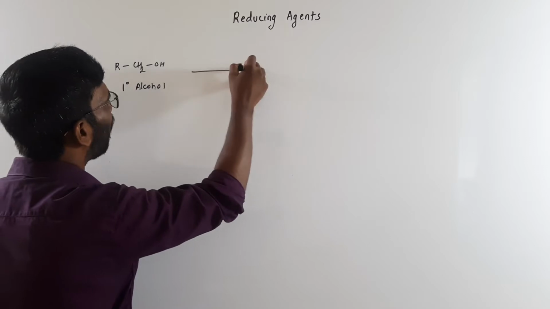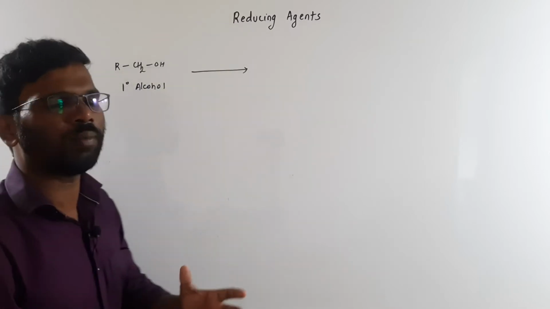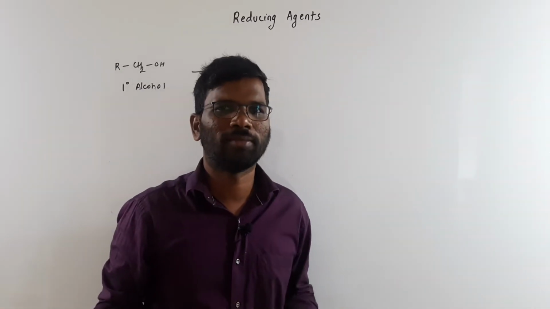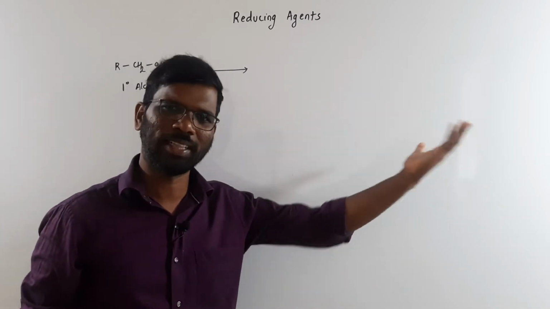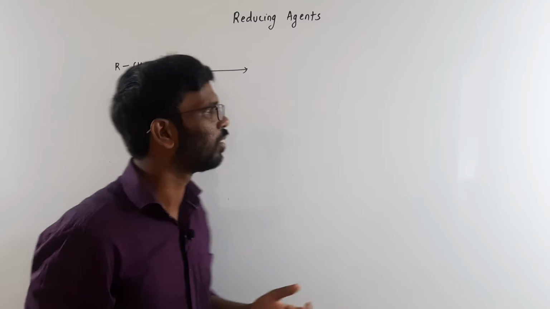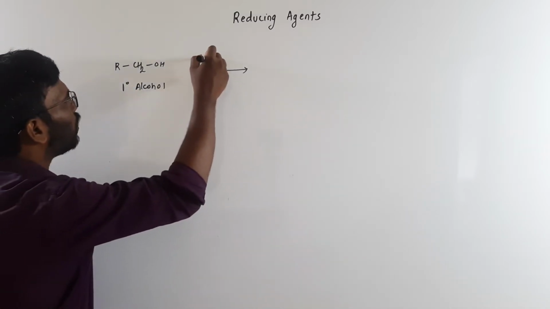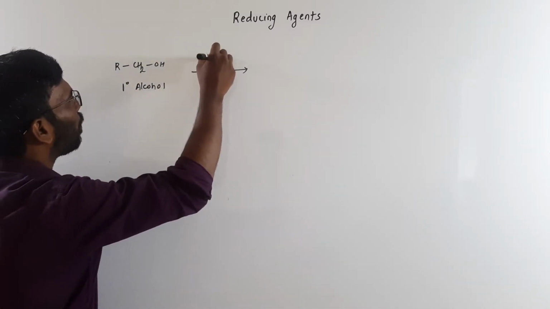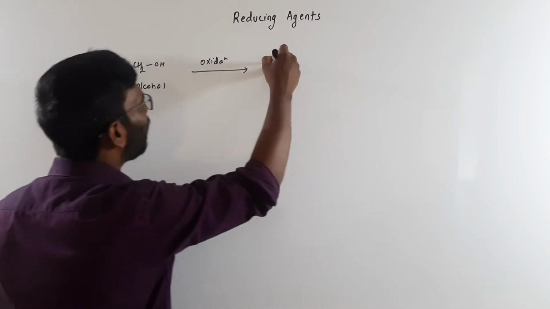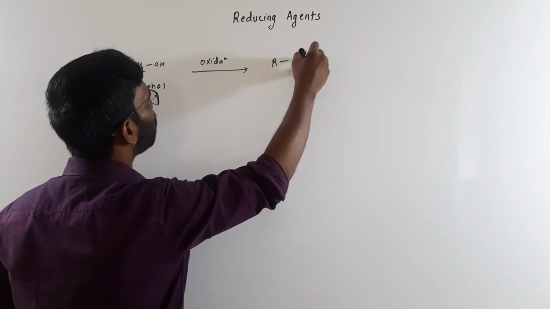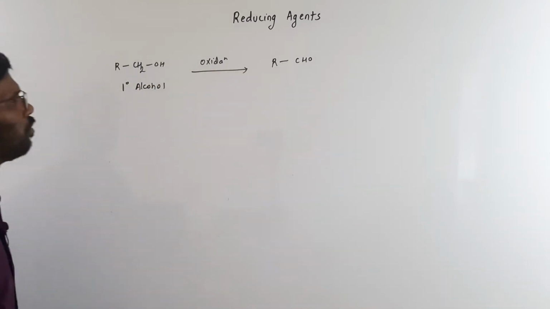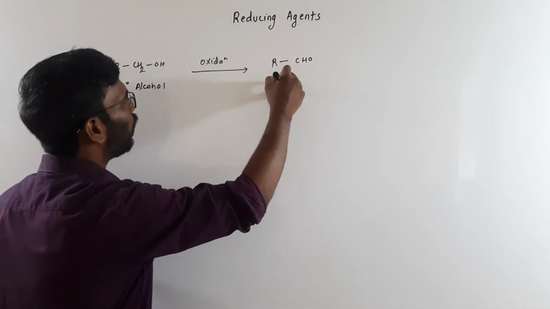Since we are talking about reduction, why the oxidation? First let us understand what oxidation is, then the reverse will obviously be reduction. If we do the oxidation of the primary alcohol, it will get oxidized to the aldehyde, RCHO.